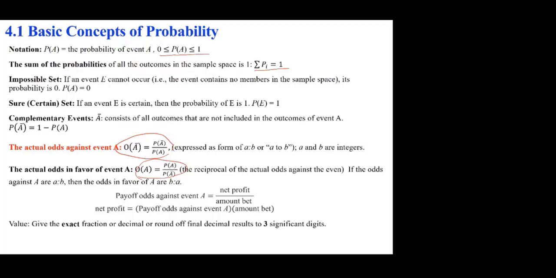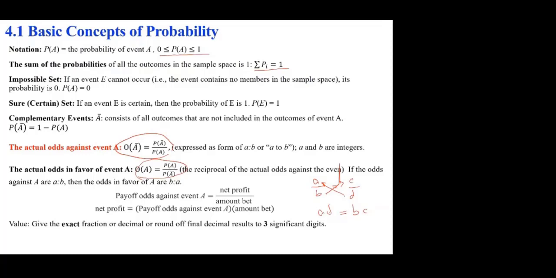So with that being the case, the next thing we want to define is the payoff odds against an event. Payoff odds is defined as net profit over the amount of bet. So therefore, if you do the cross product, A over B equals C over D, then AD equals BC. This is known as a cross product.